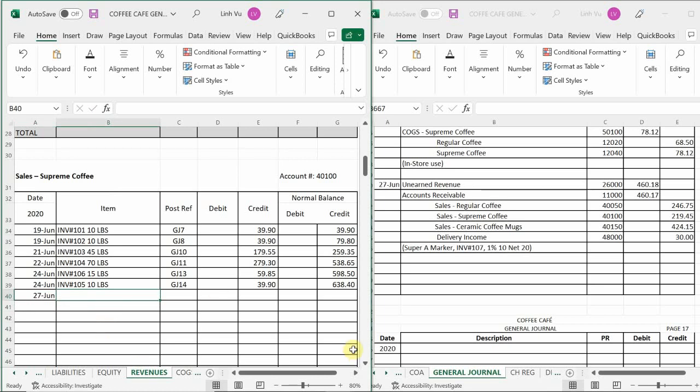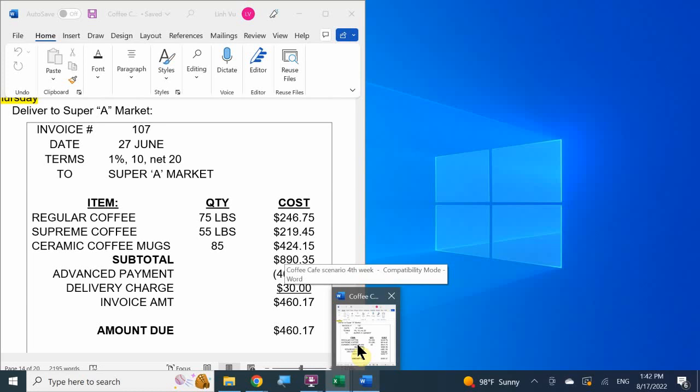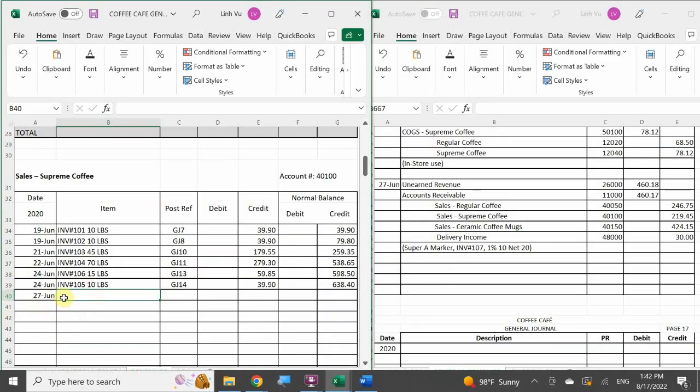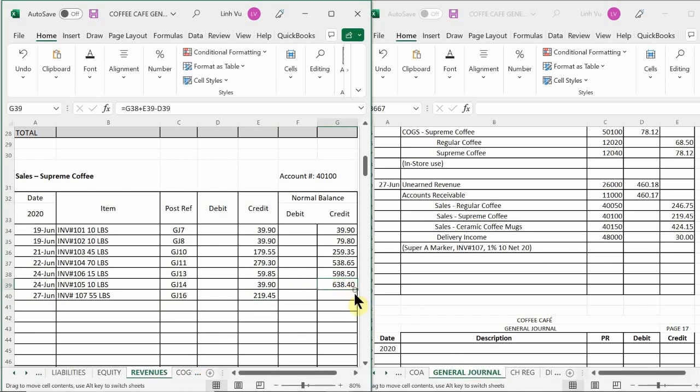Invoice 107. I think Supreme was less than 55 pounds. Oh yeah, 55. 55 and 85. Page 16 for 219.45. And 850 something, right around there.